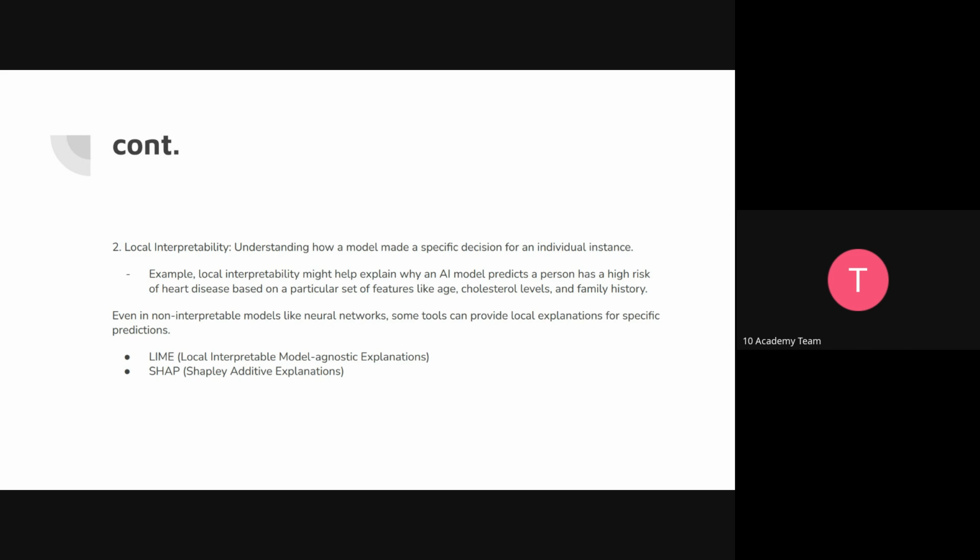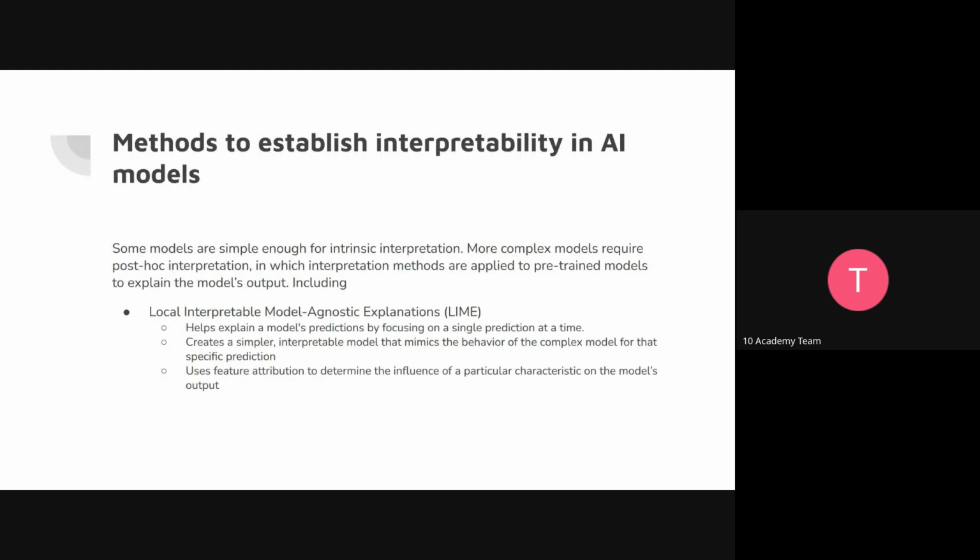For this, understanding the weight of different features, or the causal relationship or correlations between the input and output, is enough to have local interpretability. There are tools, as we discussed before, that help us with this. Just to discuss them in more detail.